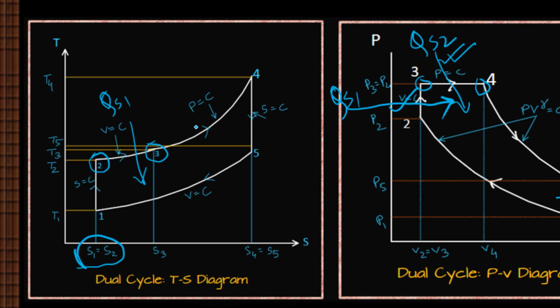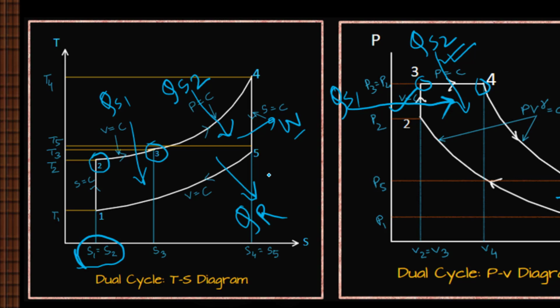Again 3 to 4 is at constant pressure, and during this time heat is added at constant pressure, and that is equal to QS2. And 4-5 gives us work output, and the last process, 5-1, is the heat rejection process.